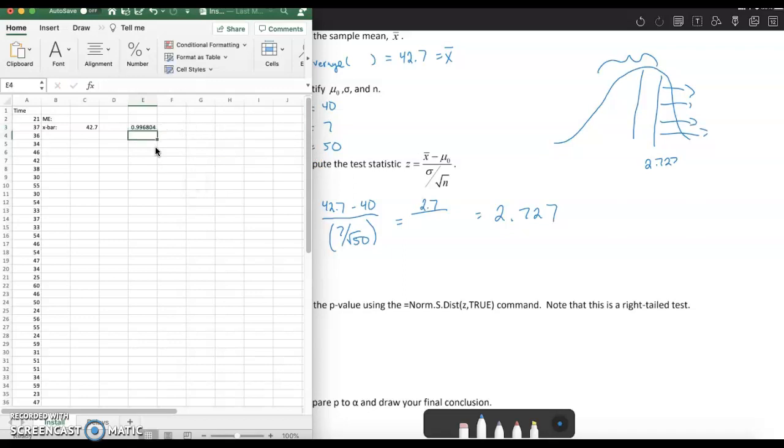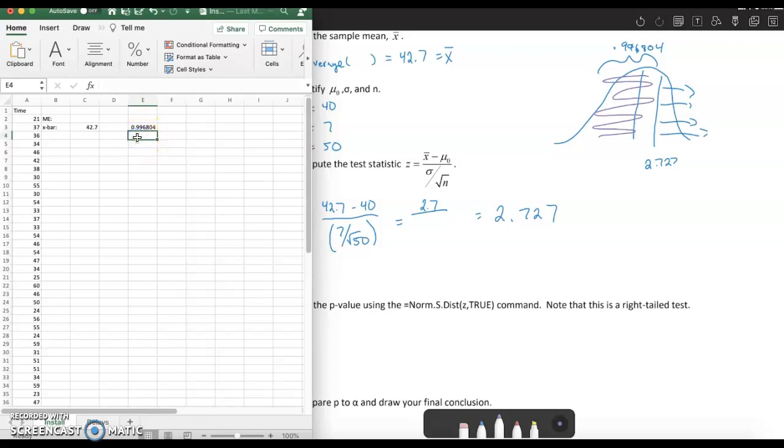So what we got out of Excel was 0.996804. But remember, that's this area always from Excel. That's not what we wanted. So we want to do 1 minus that.